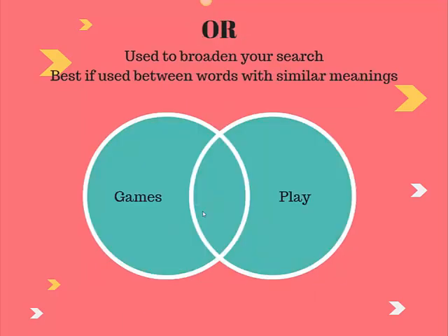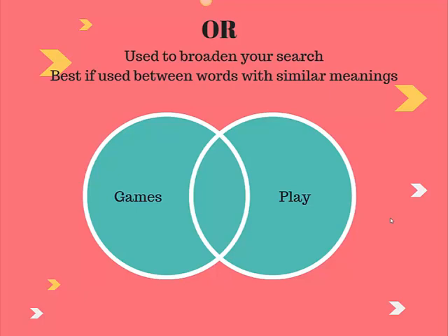OR, on the other hand, is a way to broaden your search, and it's best if it's used between words with similar meanings. So, for example, here we have games or play, right? So what this means is this is going to show you results with the words games and play, or just play.